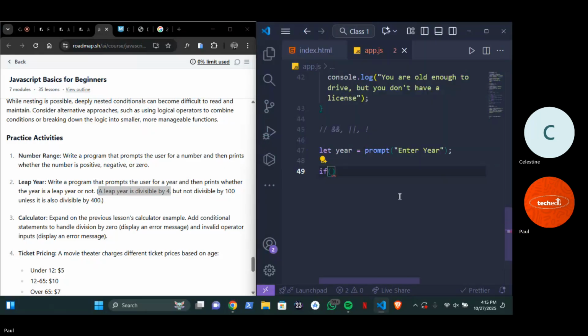If, I'm trying to think of something. Okay, let's say if year. Now, let's just use if. Now, if year, hope everybody's here. Now, if you say a leap year is divisible by 4, what does it mean?